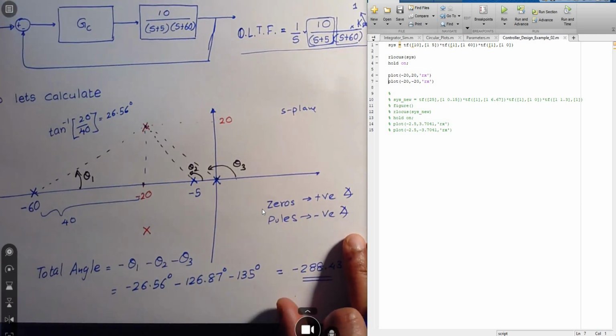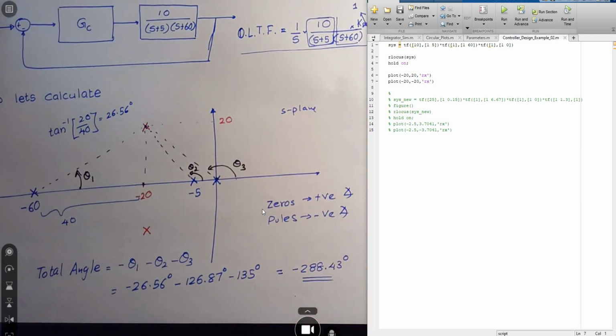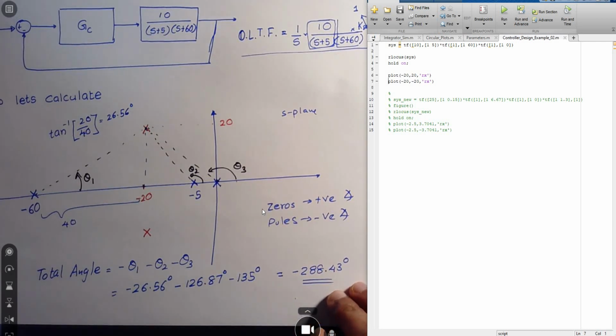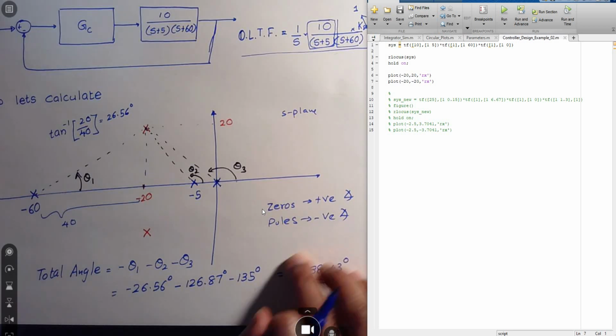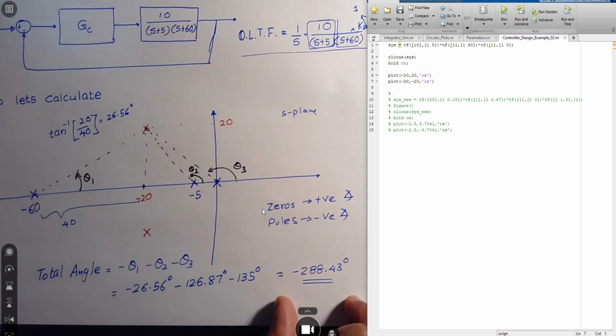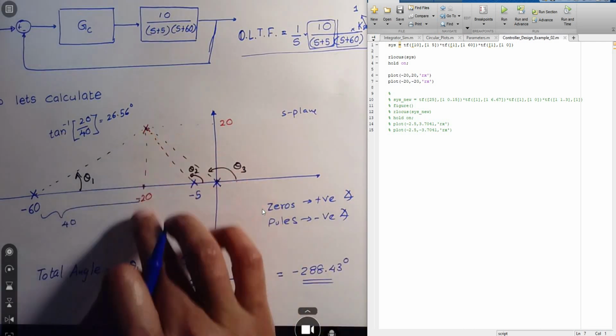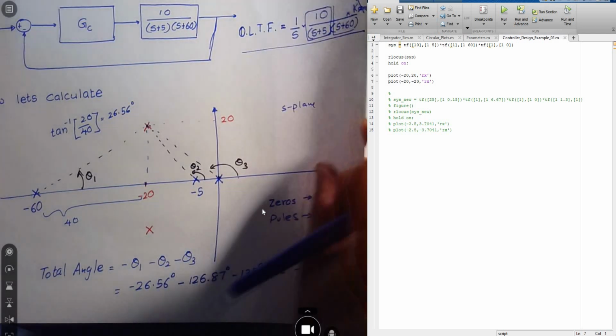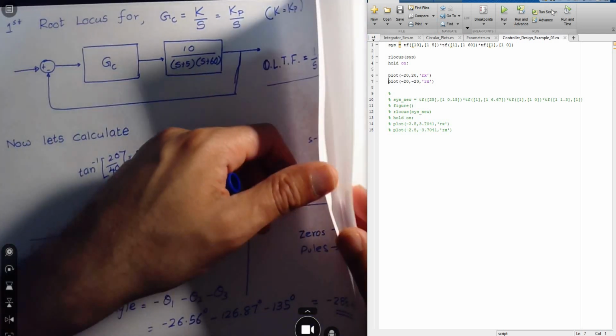Angle deficiency tells you how much of an angle we are short of to meet the angle criteria of the root locus, meaning how much angle we need to contribute with our zero to counteract some of this angle to bring the total angle to 180, because that way we can help the root locus go through these points. So let's calculate angle deficiency.